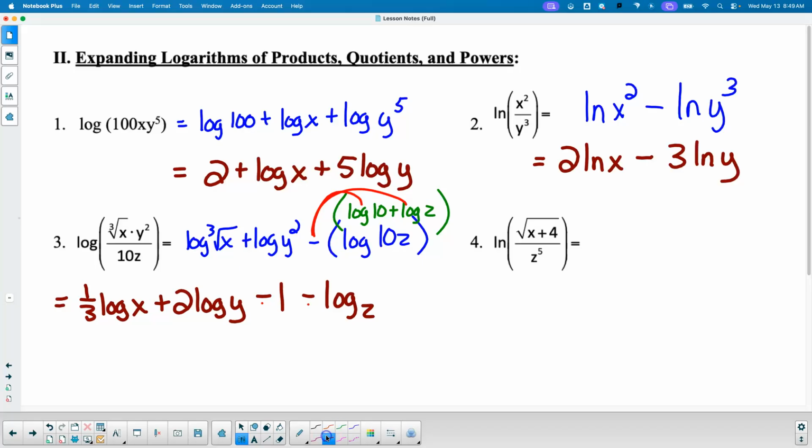Number 4 should have been 1/2 natural log of x. Oops. Didn't pick up the pen far enough. 1/2 natural log of x plus 4 minus 5 natural log of z.